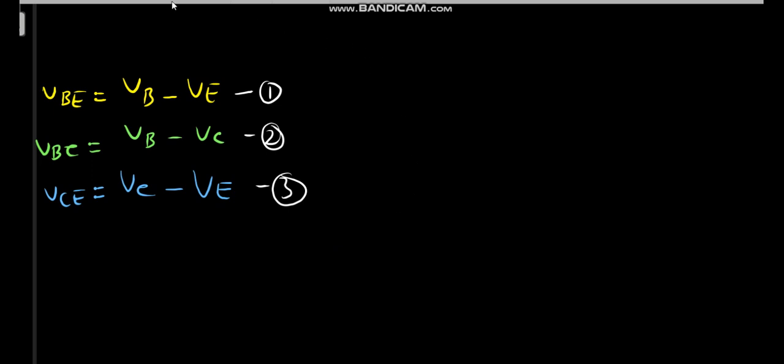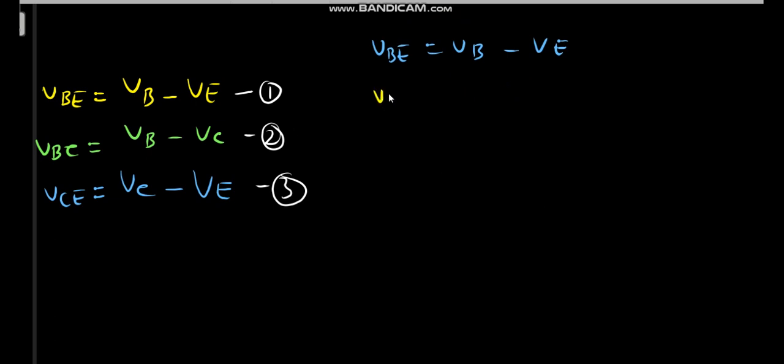First of all, let's look at the first equation, which is VBE equals VB minus VE. We are going to make VE the subject so I can substitute it. I'll take VE to this side and VBE to the other side.